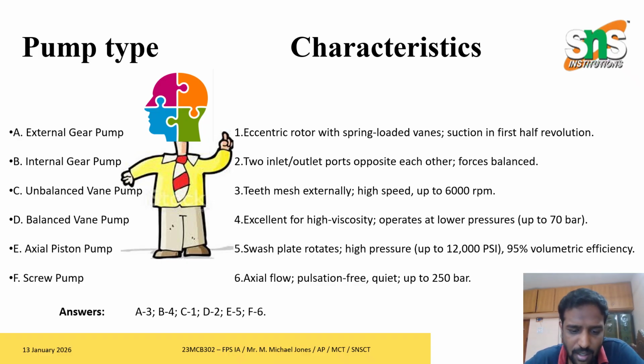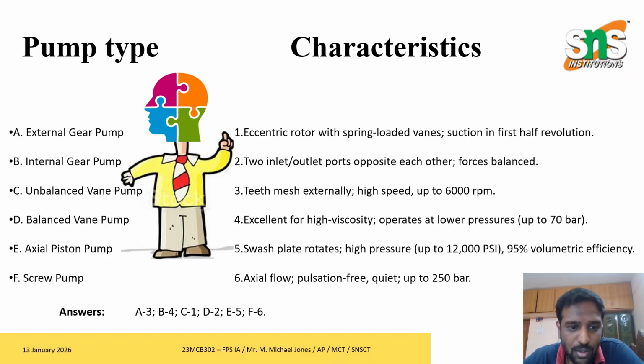Screw pumps deliver a non-pulsating flow, operate very quietly and are highly efficient. They can operate at pressures up to 250 bars and a discharge of around 1000 cubic centimeters per minute. The major advantages of screw pumps are a highly reliable, pulsation-free oil supply, and the absence of turbulence and very quiet operation makes them suitable.